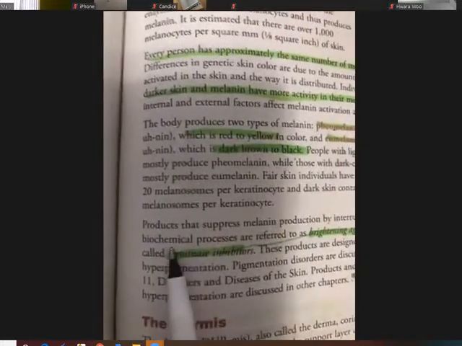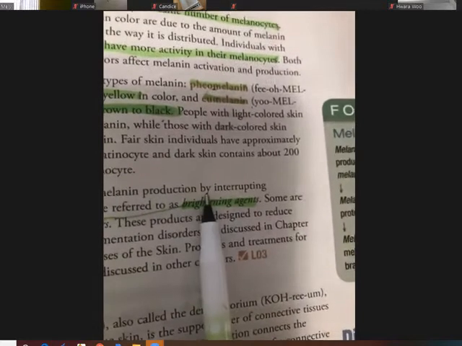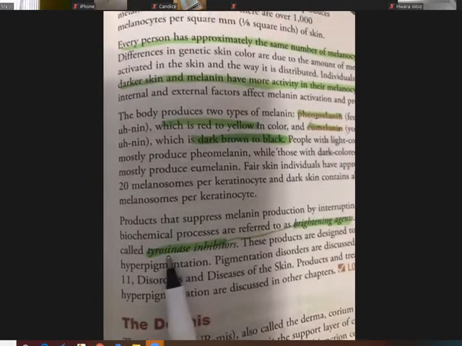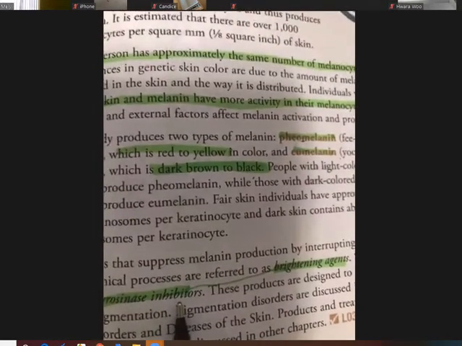Okay, next one. Products that suppress melanin production by interrupting the biochemical process are known as brightening agents. Some are called tyrosinase inhibitors. Inhibitors means to control.